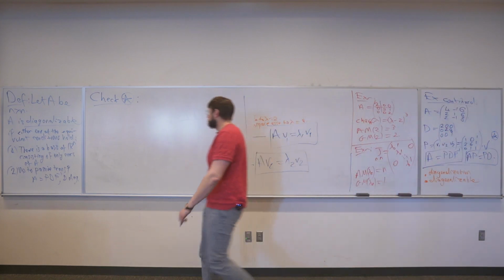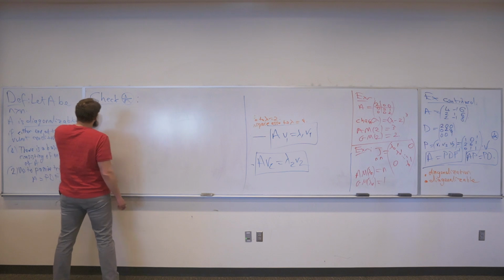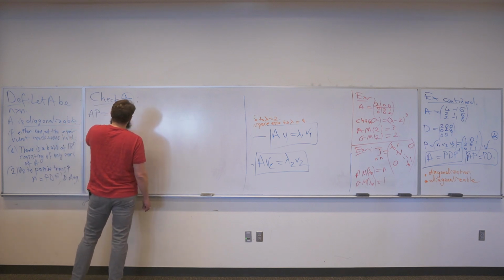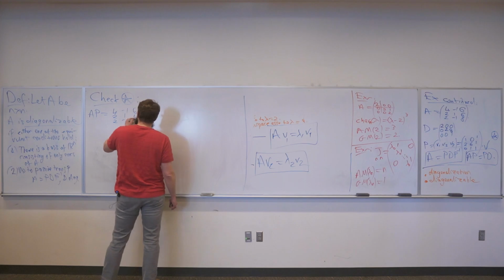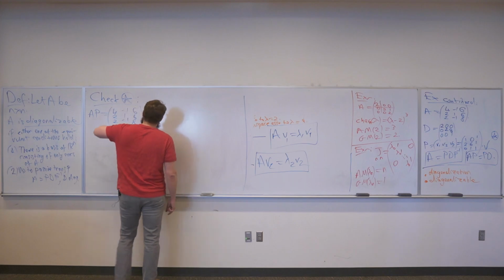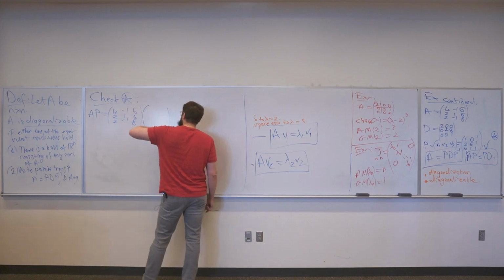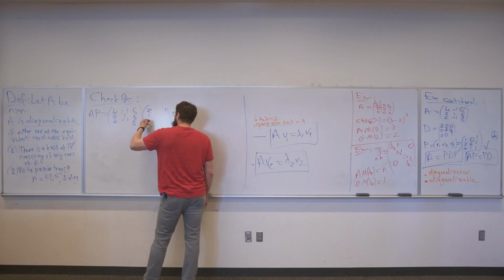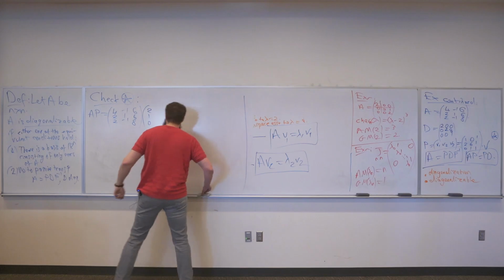So A is 4, 2, 2, minus 1, 1, minus 1, 6, 6, 8 times this 3 by 3. This was 1, 1, 1, and then 2, 1, 0. No, 1, 2, 0, I think.